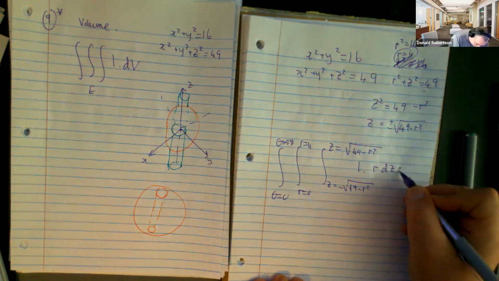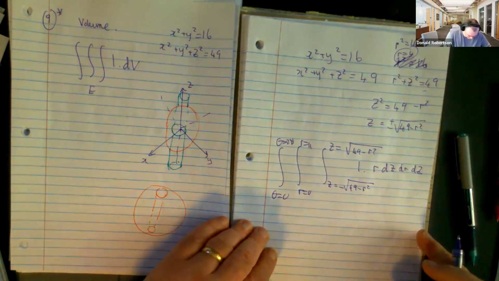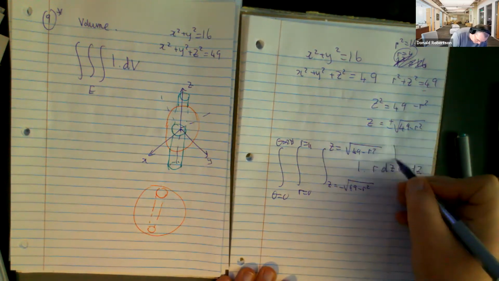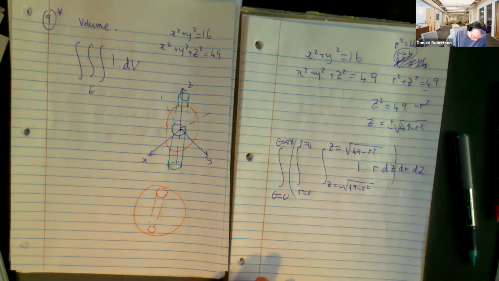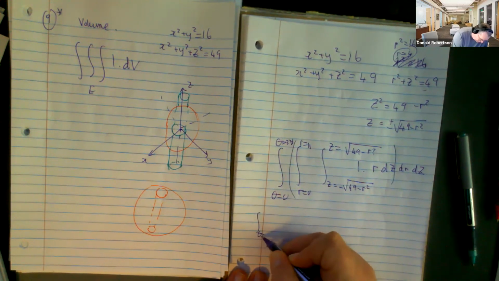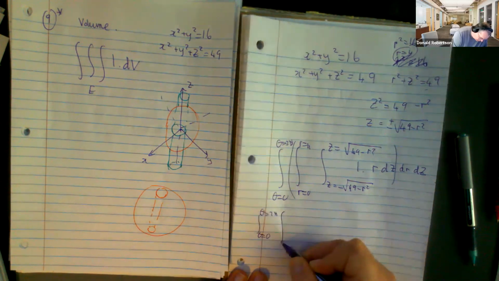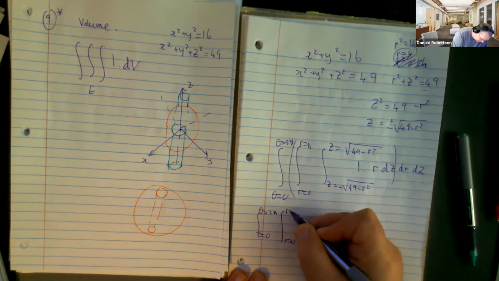Now we would do dr and dz. I think I should take this one step closer. Okay, so theta is still going to be 0 to 2 pi, and r is still going to be from 0 to 4.